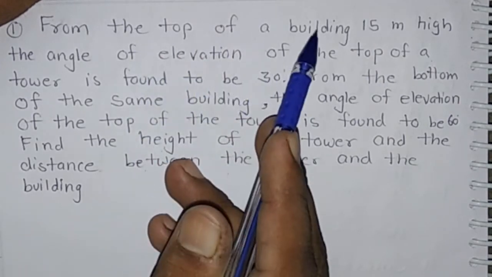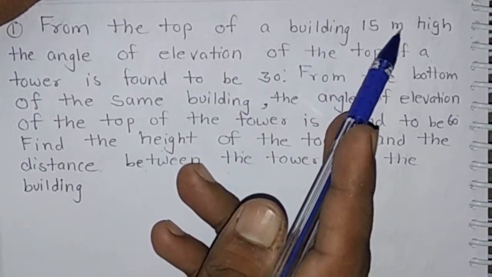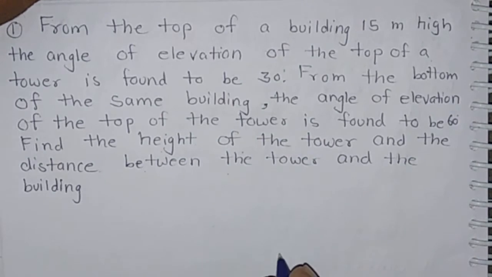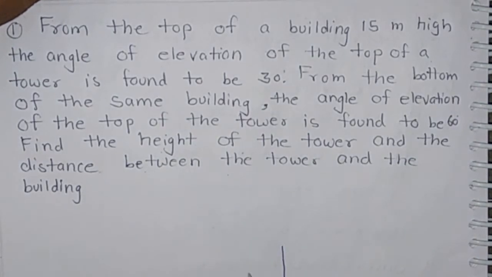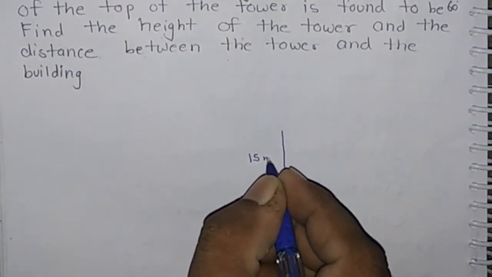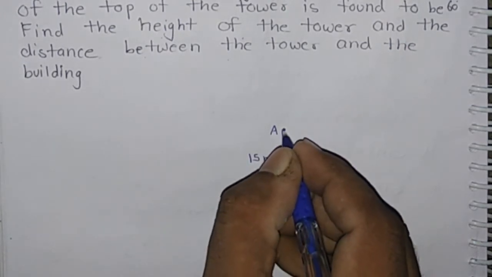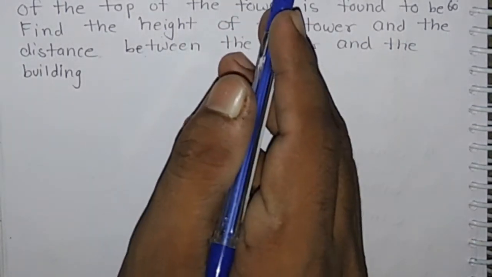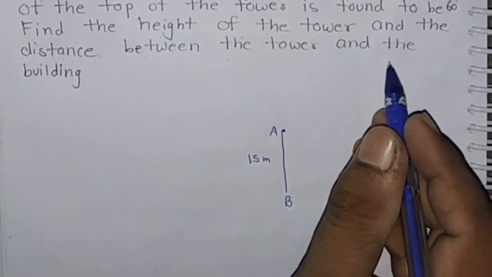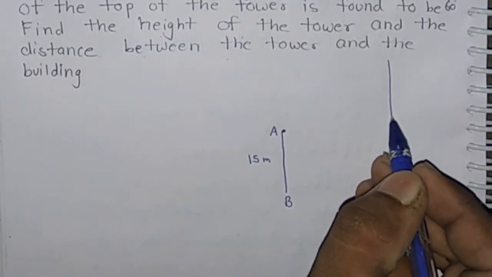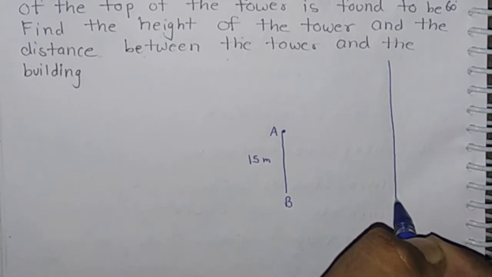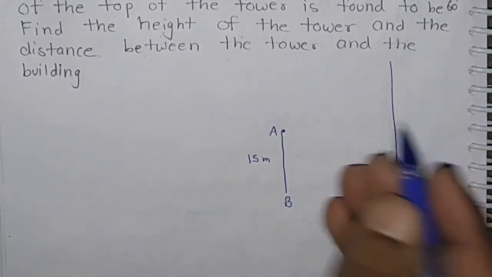From the top of a building 15-meter high, that is the 15-meter high building AB, and from its top the angle of elevation means the tower is greater than the building.